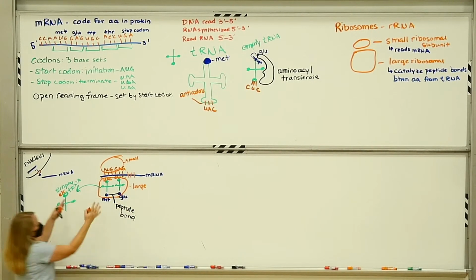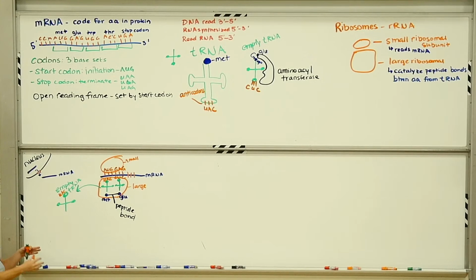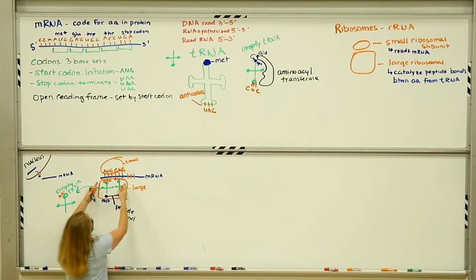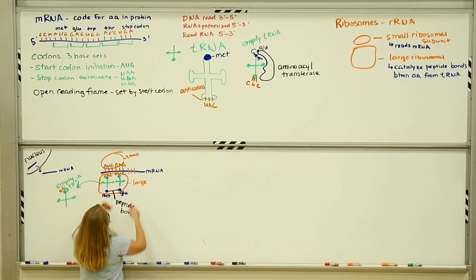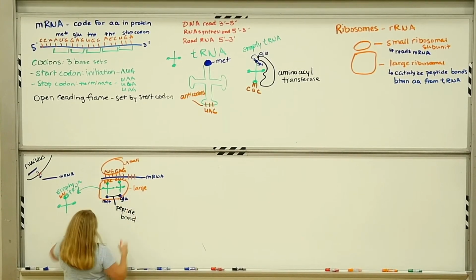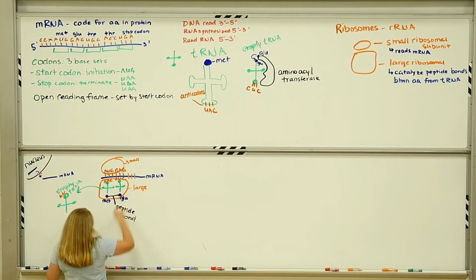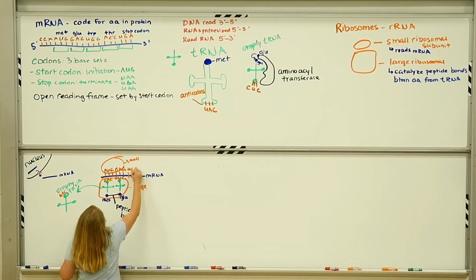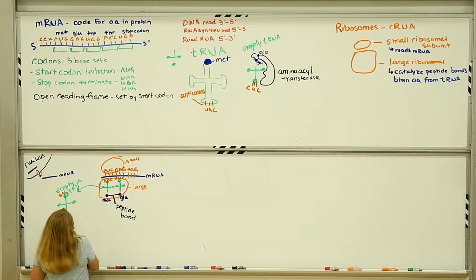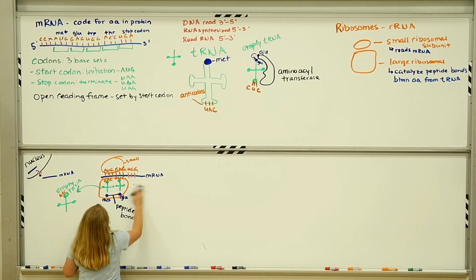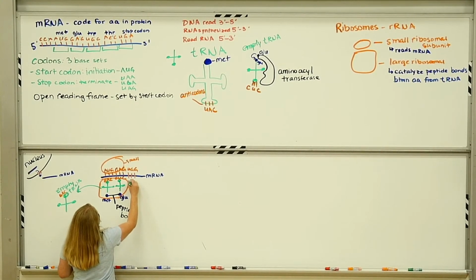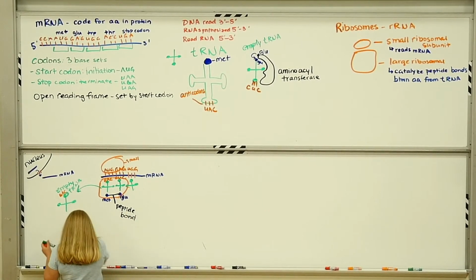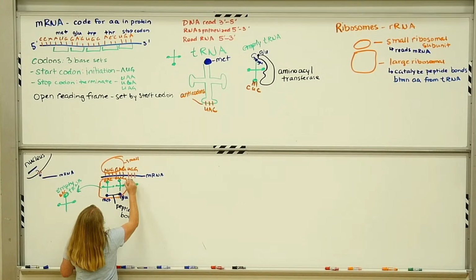And again, like I said, there are actually 3 spots in here. I just didn't draw that. But once you've read this section, you will move the entire ribosome, small and large subunit, down. And then you'll be reading this next base set, which was UGG. So you want a tRNA to come in that has ACC on it.